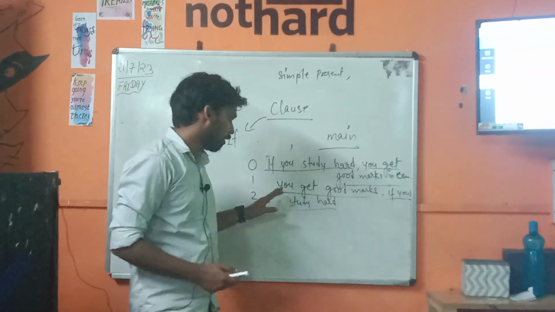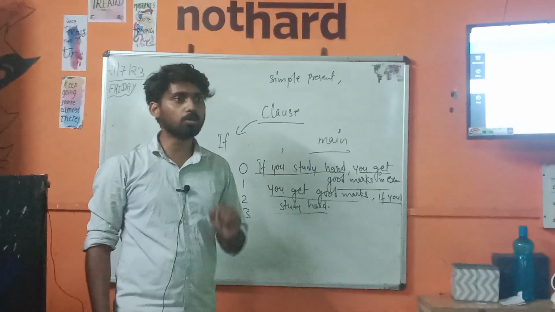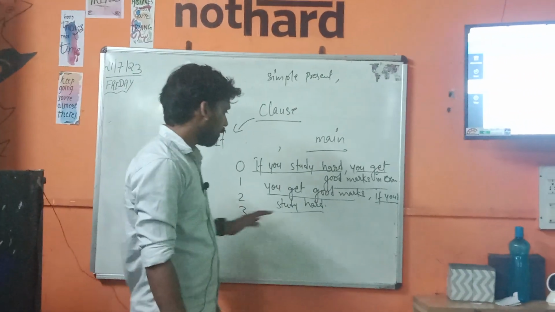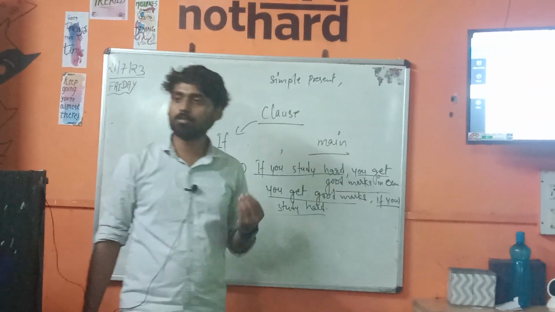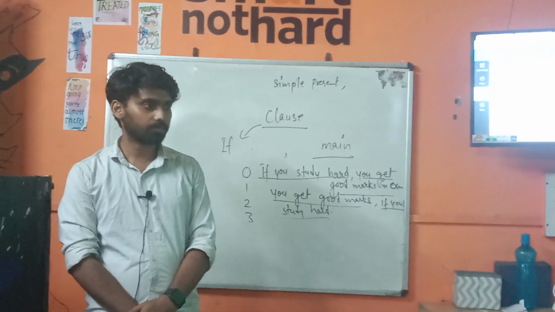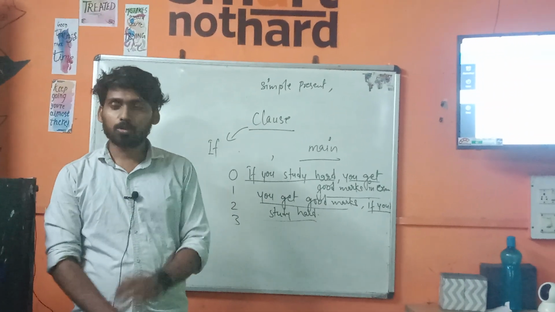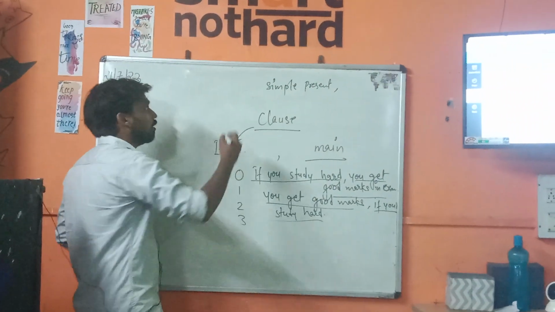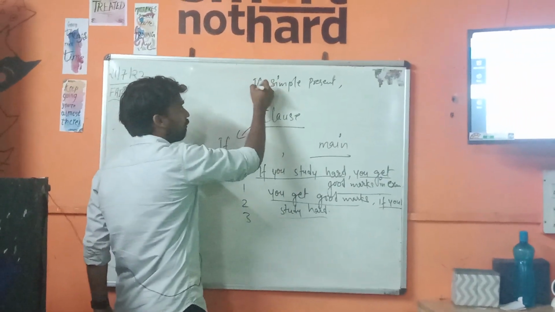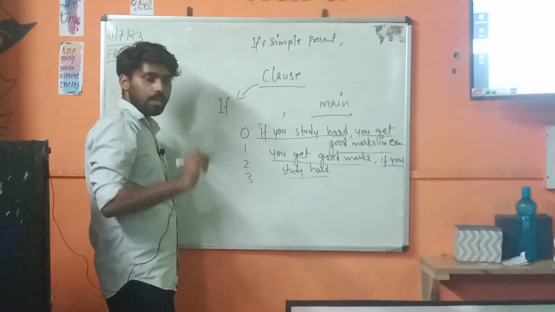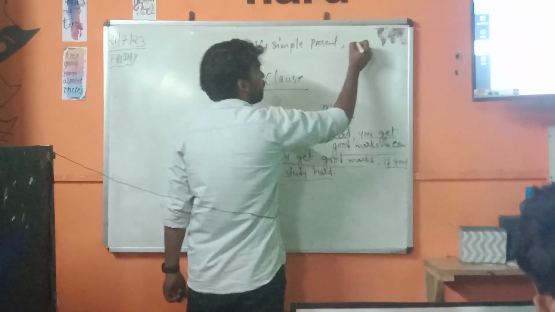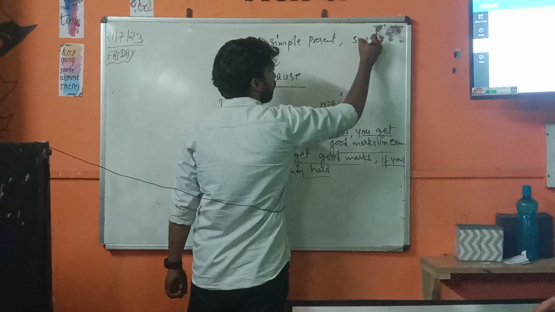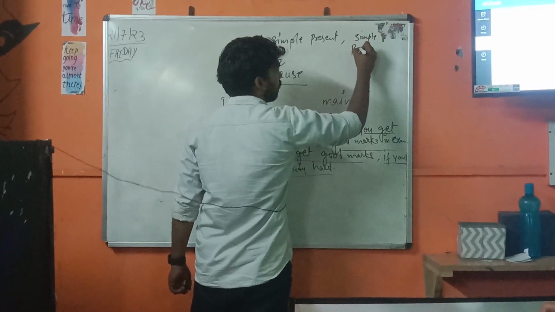So if I say you get good marks, this is also simple present, and if you study hard, this is also simple present. Clear? So zero condition is all about facts, universal facts. We put simple present in if clause, if plus simple present, and in main clause also we put simple present.